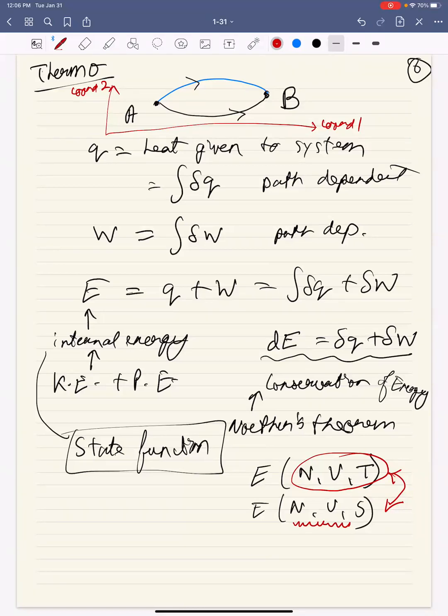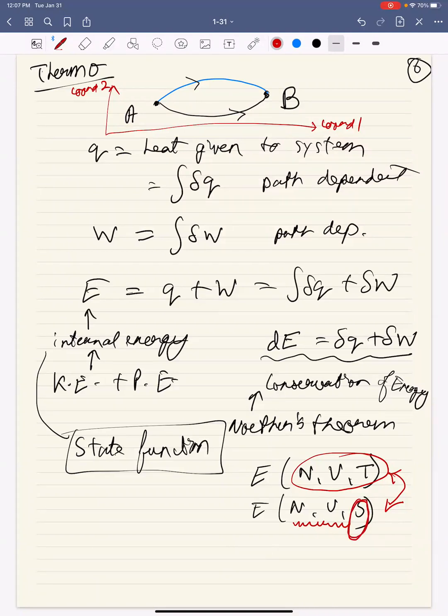So if I had values of NVT, N1, V1, T1, and I calculated E1, and if I had N2, V2, T2, and I calculated E2, I won't be able to say what direction is the spontaneous direction. That does not tell me everything, right? The energy itself can go up or down. That's not thermodynamically complete. What it is missing is this variable S, entropy.